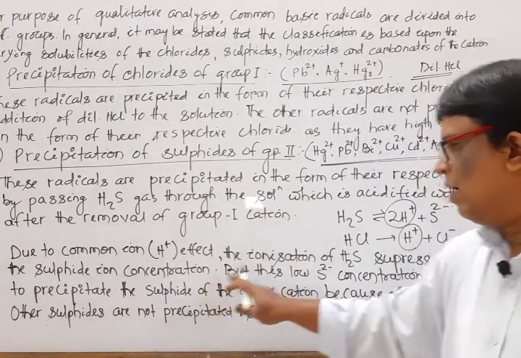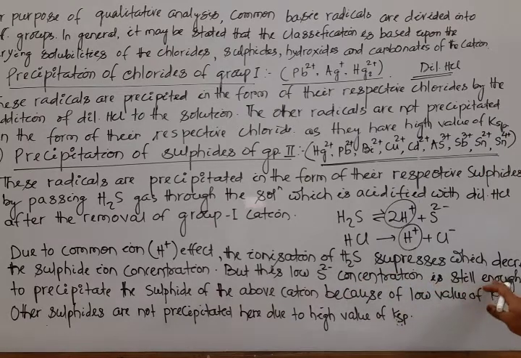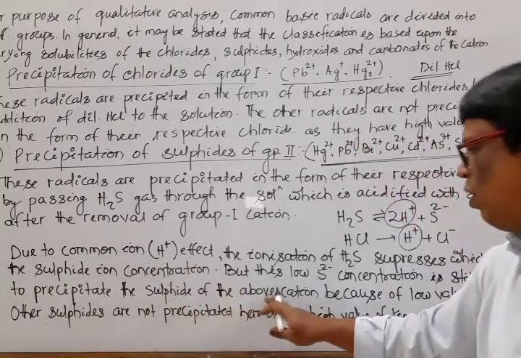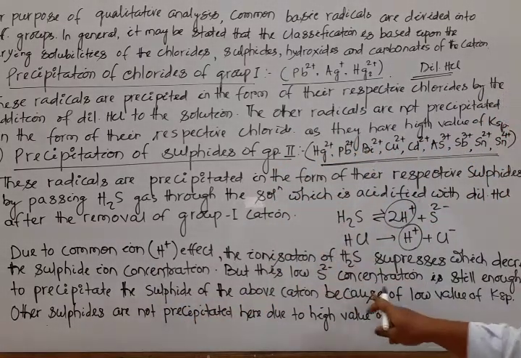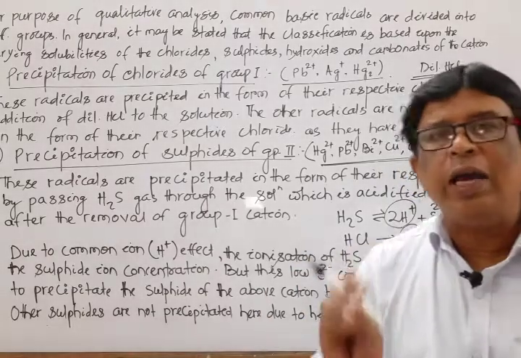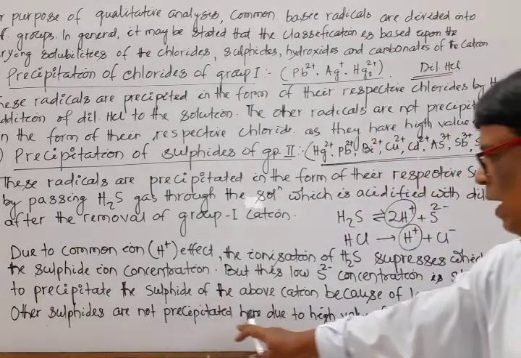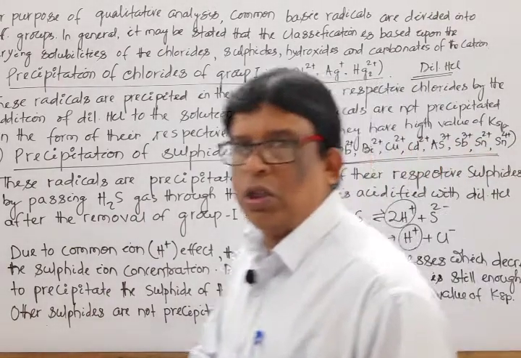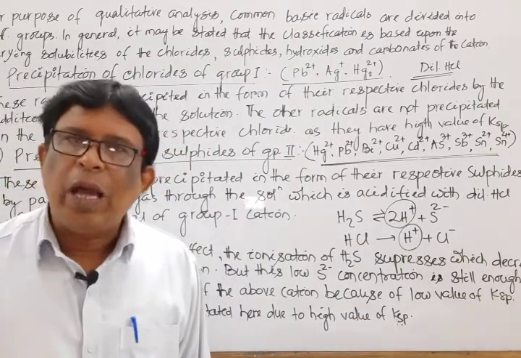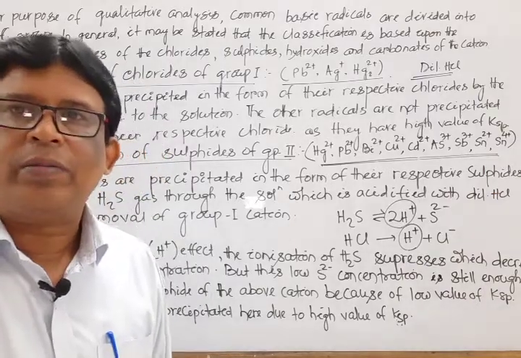But this low sulfide ion concentration is still enough to precipitate the sulfides of the above cations because of a low value of solubility product or a high value of ionic product. The other sulfides are not precipitated here because of a high value of solubility product or a low value of ionic product.